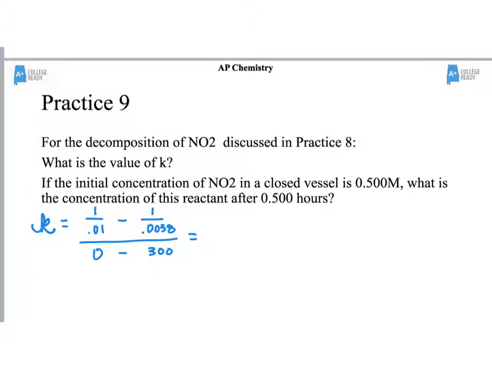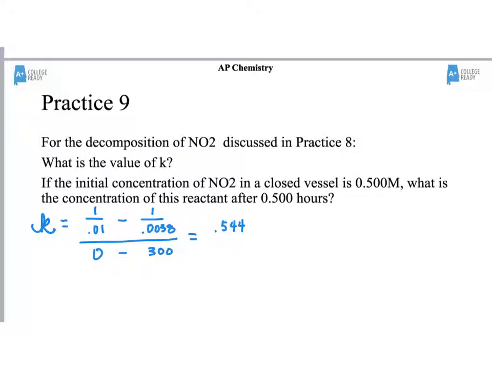And when we plug all that into your calculator, you end up getting a k of 0.544, ends up being our k.